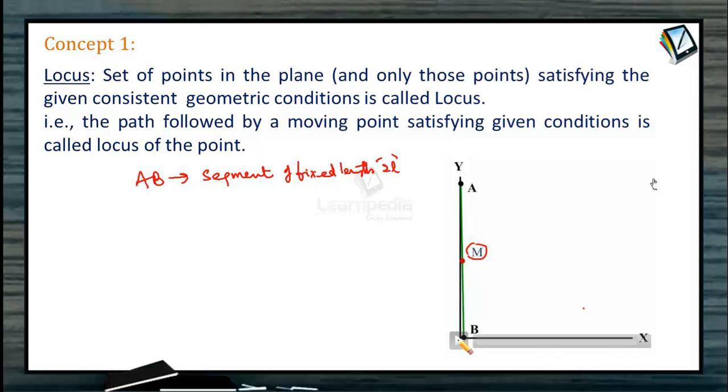We let this AB slide along the coordinate axes. So what we observe here is that the path followed by the middle point is the quadrant of a circle. So that becomes the locus of the middle point of AB.